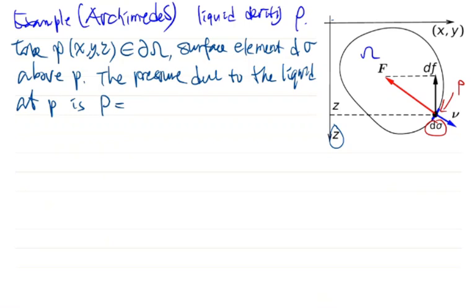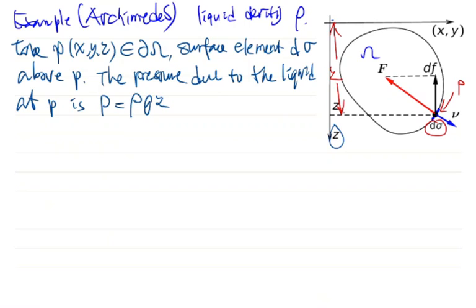Therefore, if the coordinate of the point P is x, y, z, then the depth is exactly z. So under the surface of the water at depth z, the pressure is rho gz.